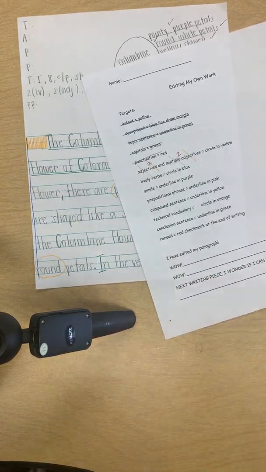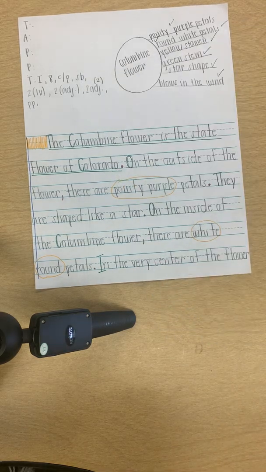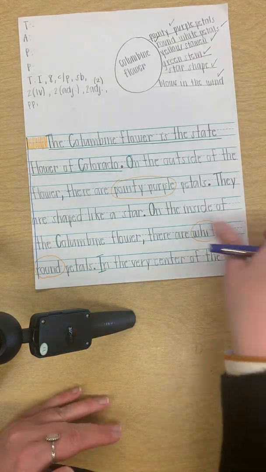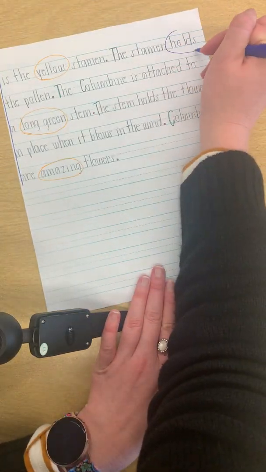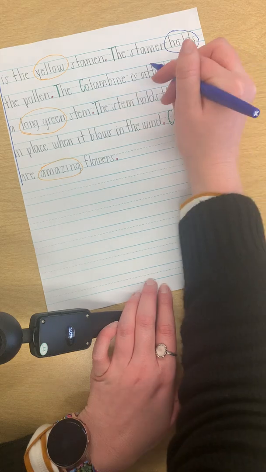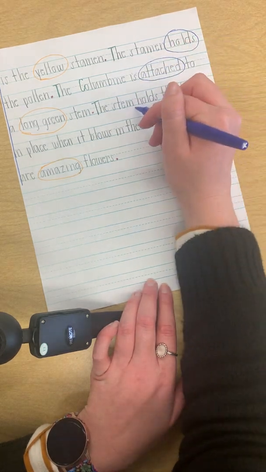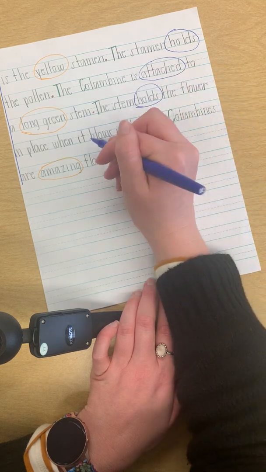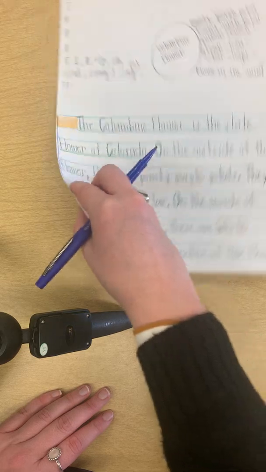So now I'm going to get my blue and I'm going to look for lively verbs. Holds the pollen, is attached to, holds the flower, blows in the wind. So I am good there.